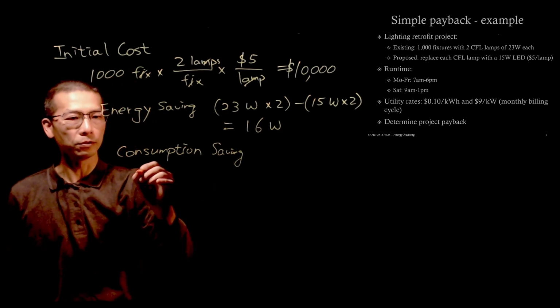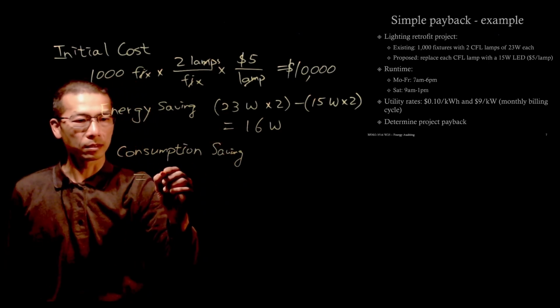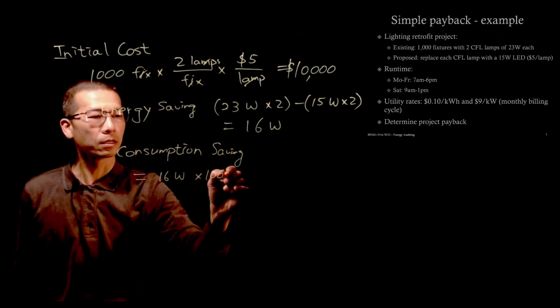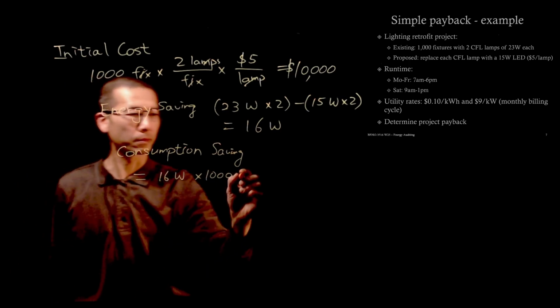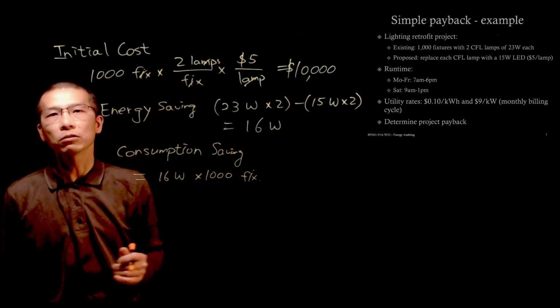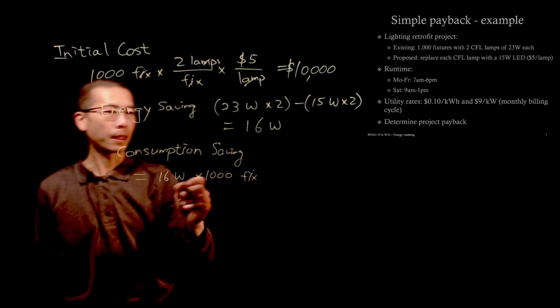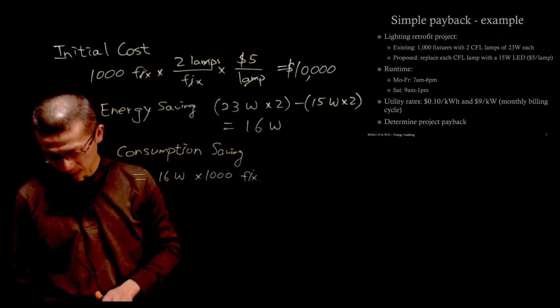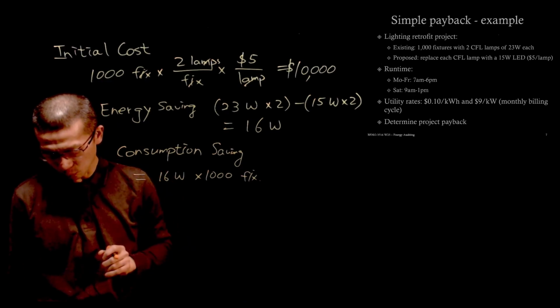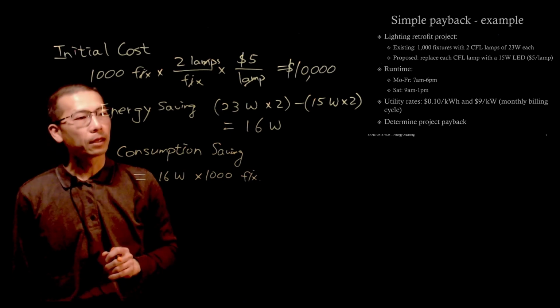That's equal to 16 watts, and we have 1,000 luminaires or fixtures. Here we say fixture. The technical term is luminaires, right? So total, it gives us 16,000 watts of saving.